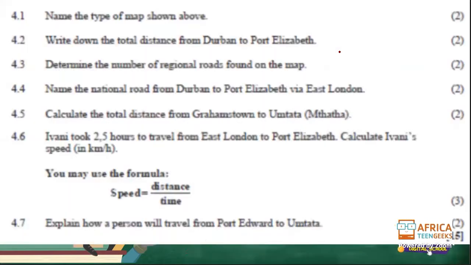The first question, name the type of map shown above, right? 2 marks. I'm giving you guys a minute for this one. Name the type of map shown above. Okay, just write your answer on the chat. I want to see if you guys still remember this type of map. What do you call these types of maps?